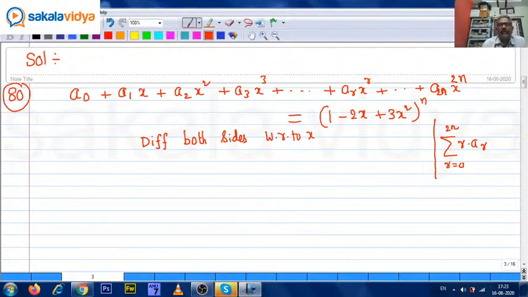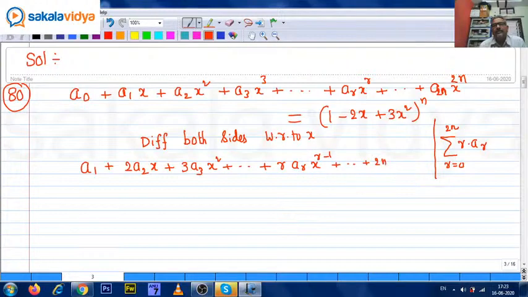What do you get now here? A naught differentiation is 0. Here you will be getting a1 plus 2a2x plus 3a3 x square plus so on, r times ar x to the power of r minus 1, plus 2n times a2n x to the power of 2n minus 1.